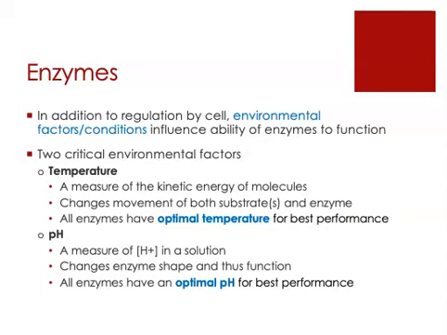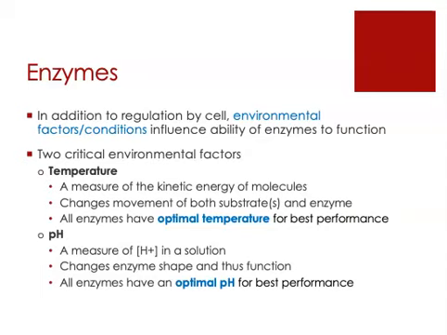We need them to collide with each other in order to get that substrate to bind to that active site. The higher the temperature, the more collisions are going to occur. The lower the temperature, the fewer collisions are going to occur. It turns out that all enzymes have an optimal temperature for their very best performance.